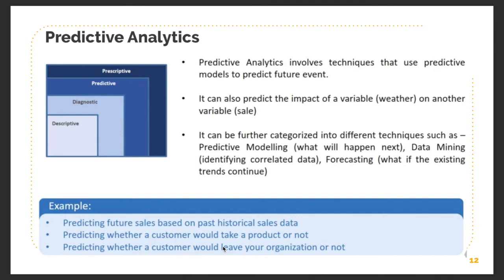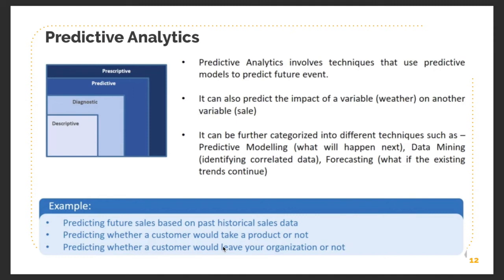Predictive analytics can be categorized into different techniques such as predictive modeling, data mining, and forecasting. An example of predictive analytics is predicting future sales based on past historical data. Like in the academe, it's enrollment.